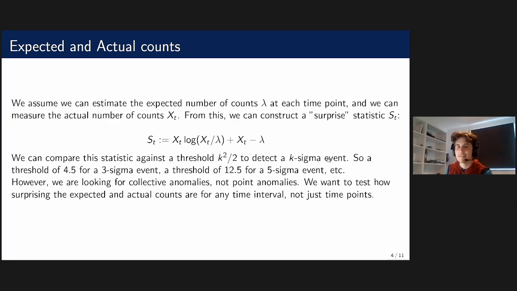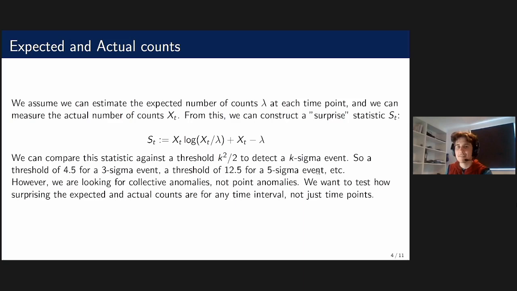And we can correspond this to the notion of 3 sigma, 5 sigma significance levels. So for example, if we're comparing for a 5 sigma event, so that's about 1 in 3.5 million occurred by chance, we'd want to compare to a threshold of 12.5. And there's a graph on that later in the talk.